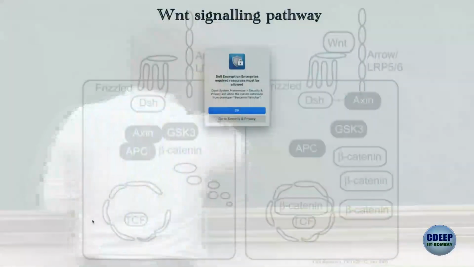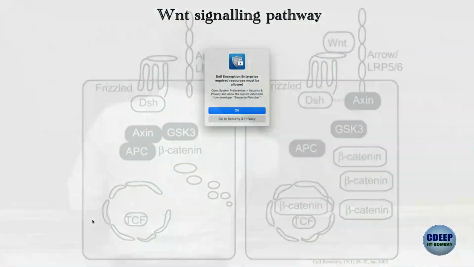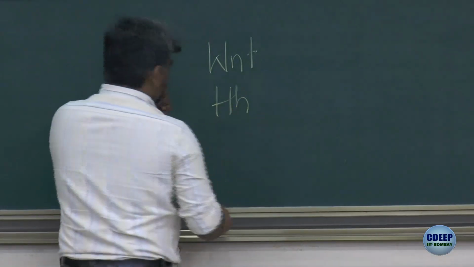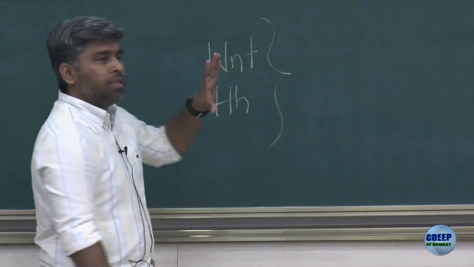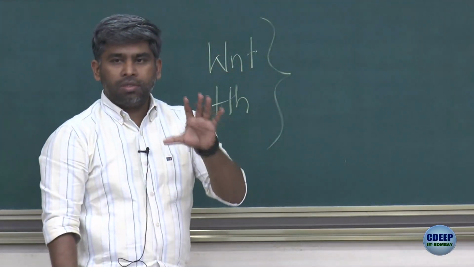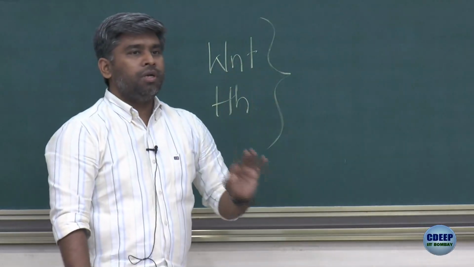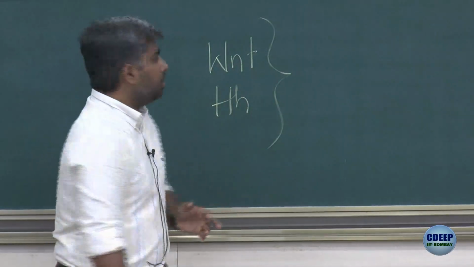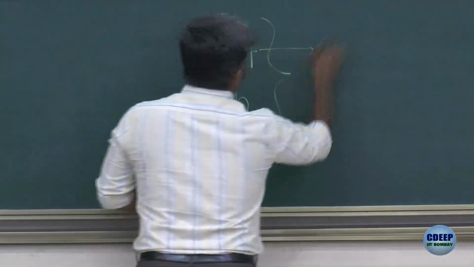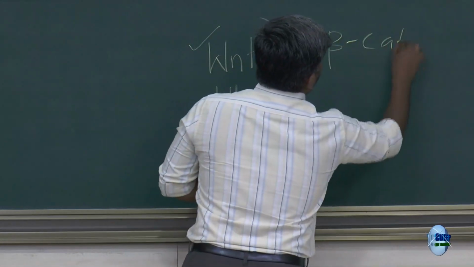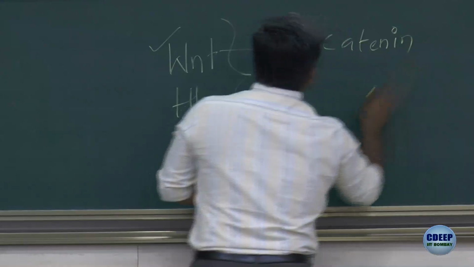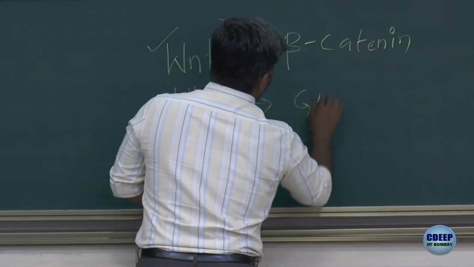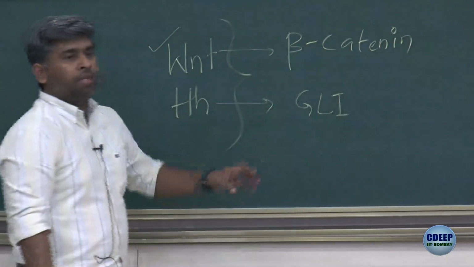So, there are certain pathways such as Wnt and Hedgehog, or I think Notch as well. In these pathways, the key molecules which are going to do the most important function, like in case of Wnt, beta catenin, and in case of Hedgehog, the Gli transcription factors.